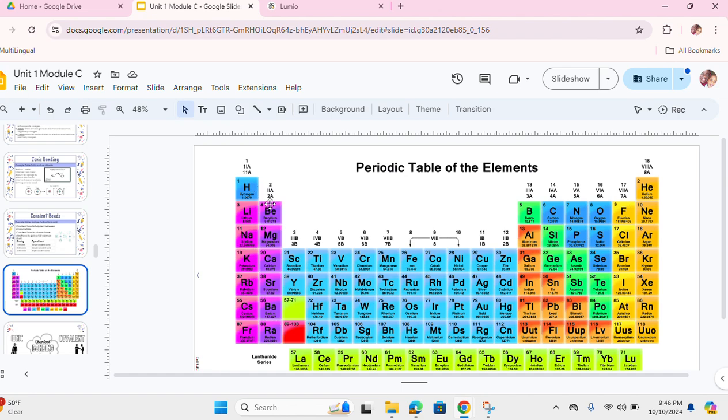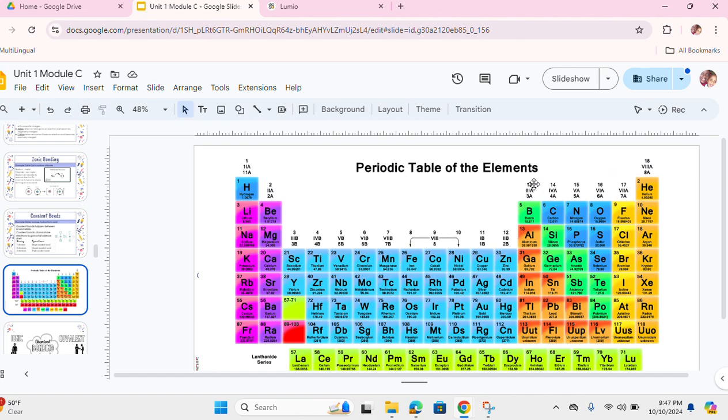Group 2, which includes beryllium, magnesium, calcium, strontium, barium, and radium, all have two valence electrons. Again, we're going to skip these transition metals that are this light color of blue and bounce over to group 13. Group 13, 14, 15, 16, 17, and 18.